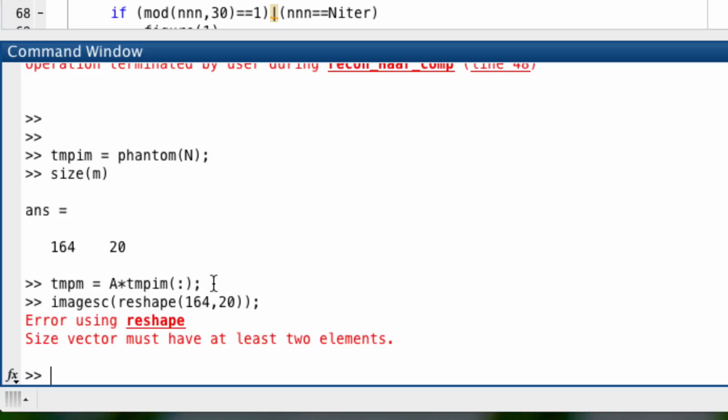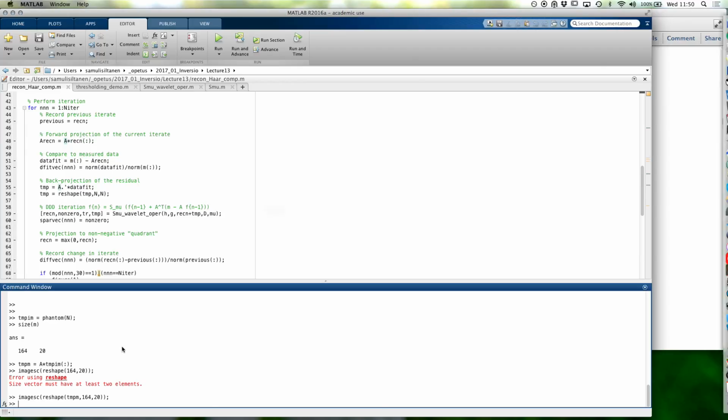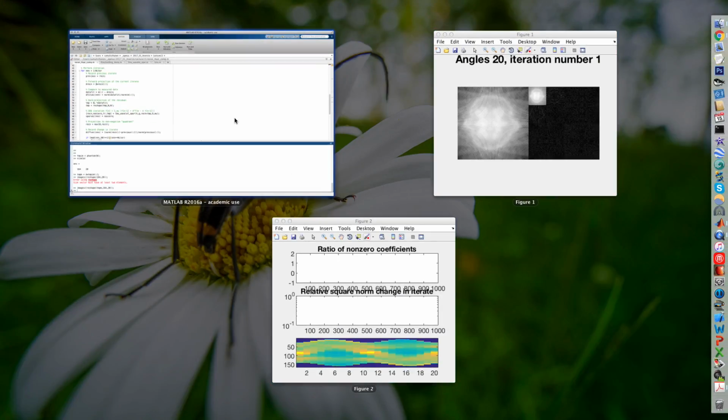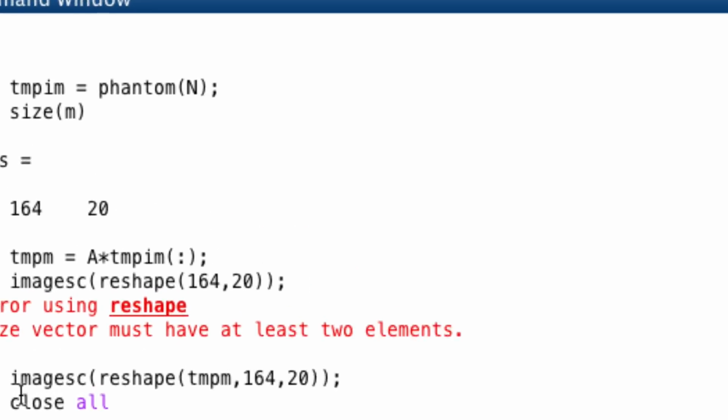Okay. Reshape... sorry, I have to close the images. Let's make a new figure.